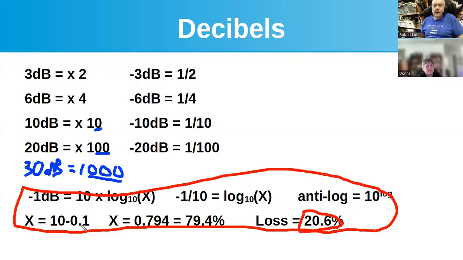It's 10 to the minus 0.1 power. I forgot to do the raise-it subscript. So x is going to wind up being 0.794. If I do percentage, it's going to be 79.4%. But they want to know what the loss was, so the loss is going to be 20.6%. Like I said, it's easier to remember 20%.